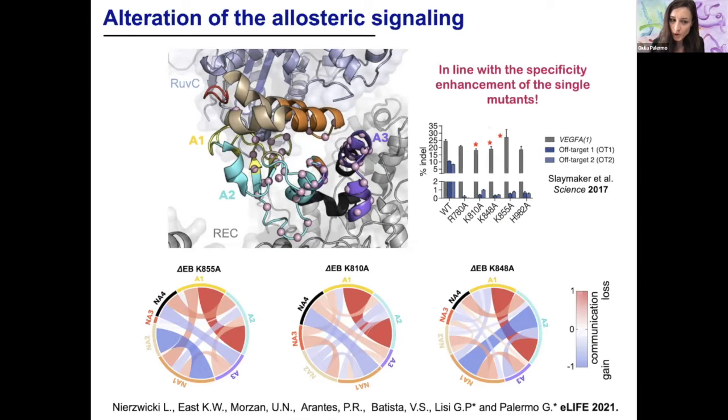The experimental paper reported that the increased specificity of K855A was higher with respect to the others. So this could already tell us that there is some relation between the way this mutation interrupts the allosteric transmission and the function, the activity.